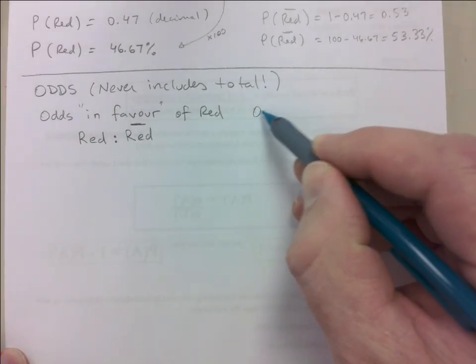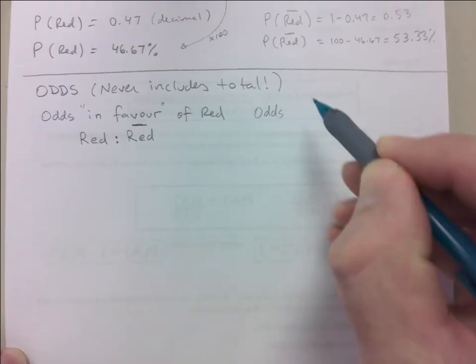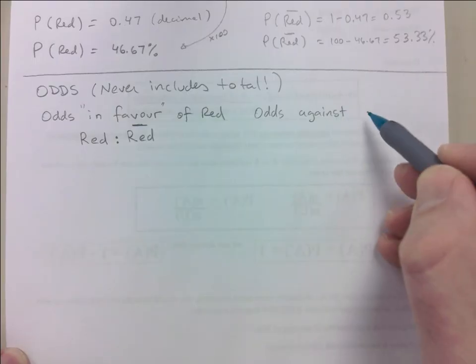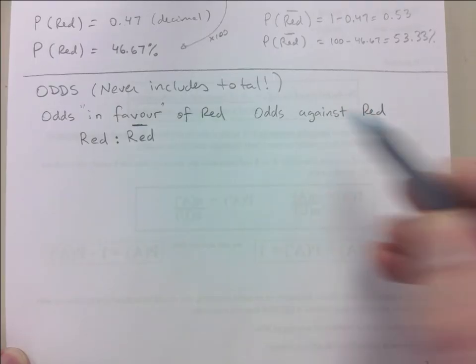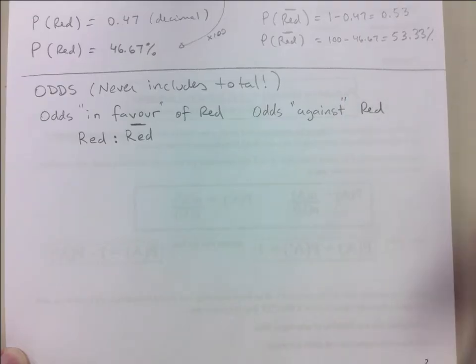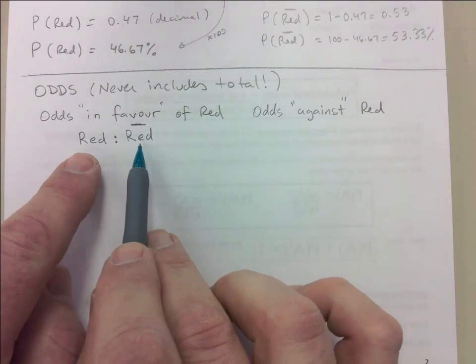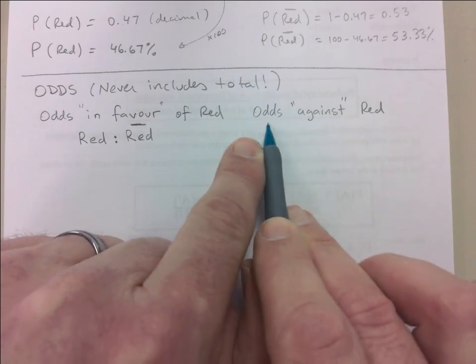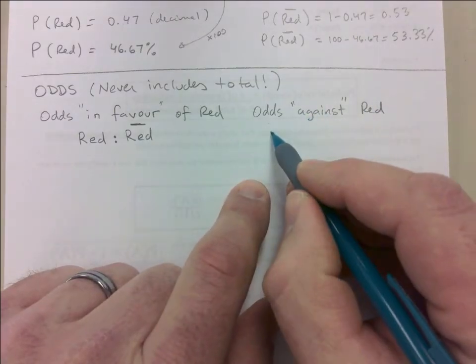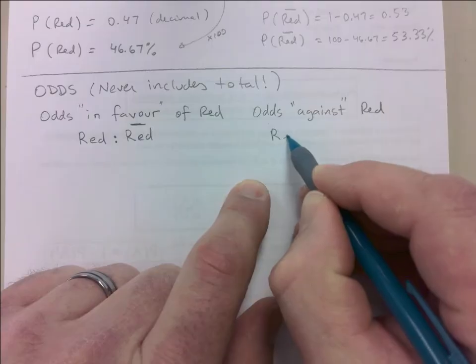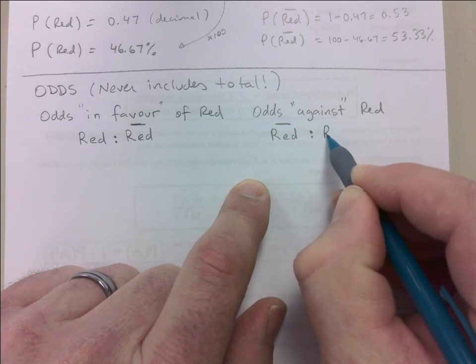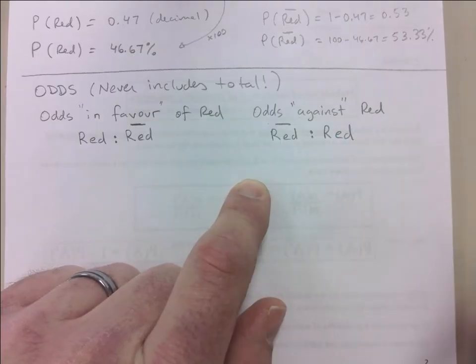If you see odds against red, emphasis on against, it's just going to be flipped. So instead of going red, not red, if it says odds against red, you go not red first, and then you compare it to the amount of red events.